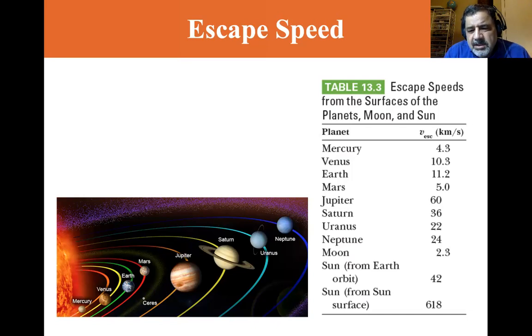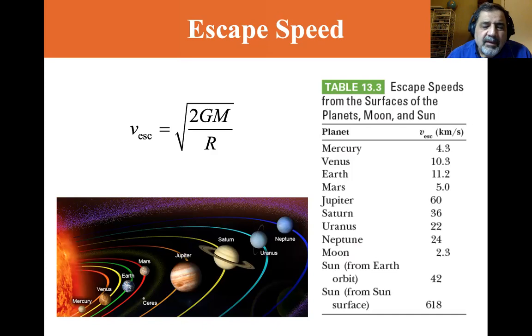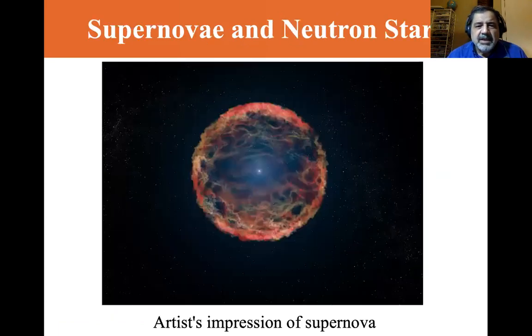So there are things escaping from the sun. The escape speed is equal to the square root of 2GM over R, where R is the radius of the planet or the sun that you're looking at.